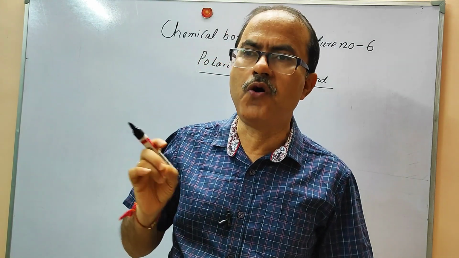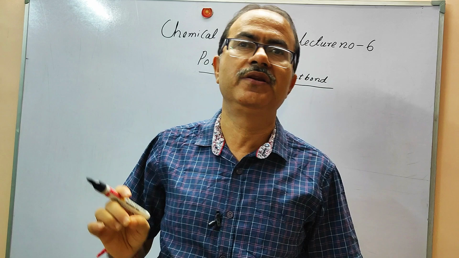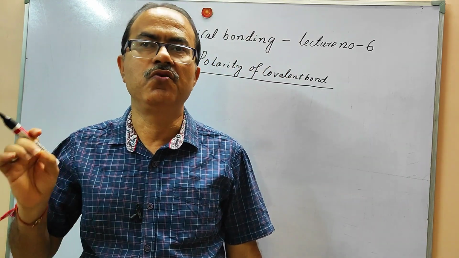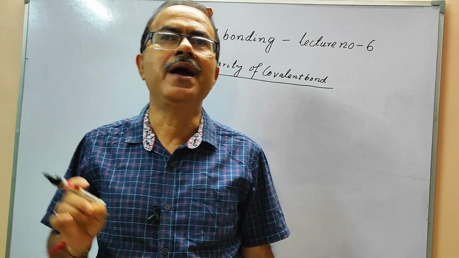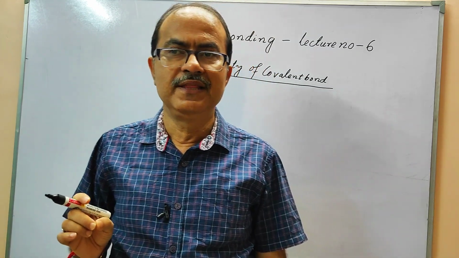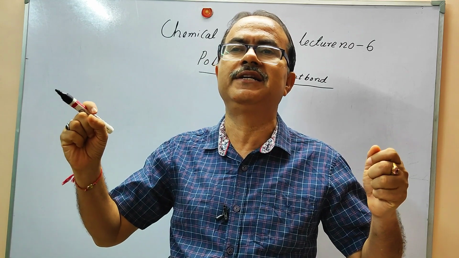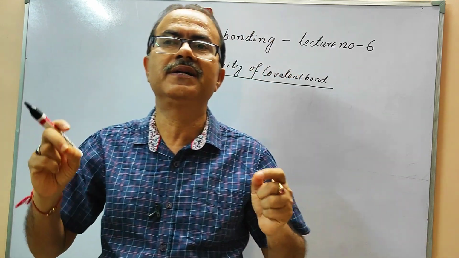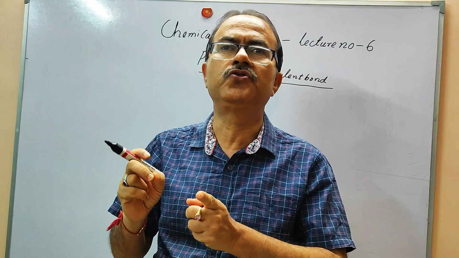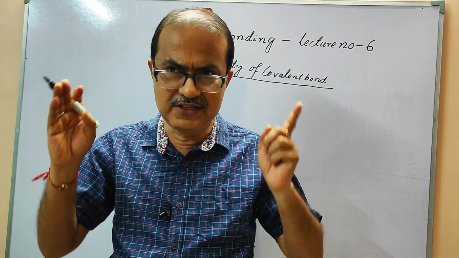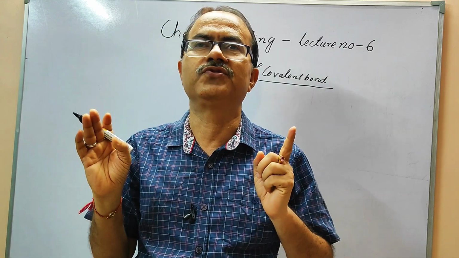When a bond forms between two similar atoms, like hydrogen, oxygen, chlorine, nitrogen, fluorine, iodine, what is going to happen? The shared pair of electrons is equally attracted by both similar nuclei, and the shared pair will lie just in the middle of the two atoms.